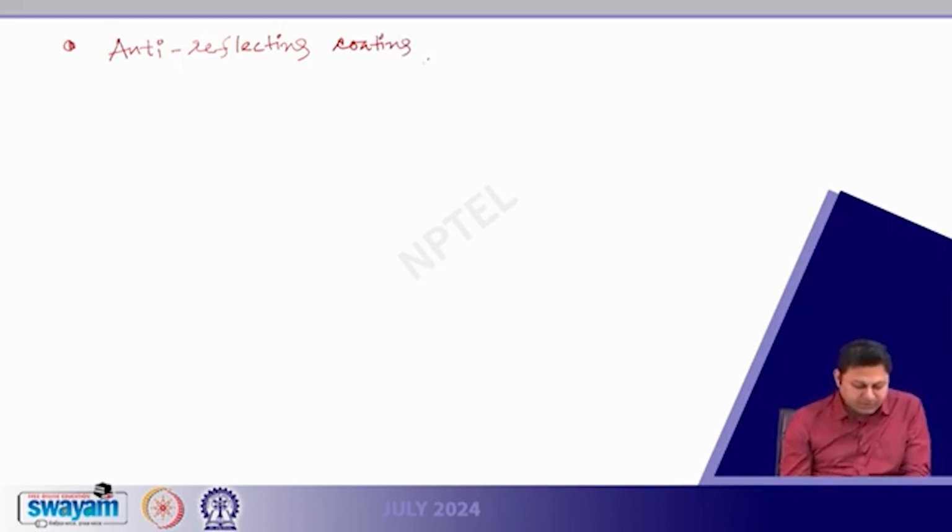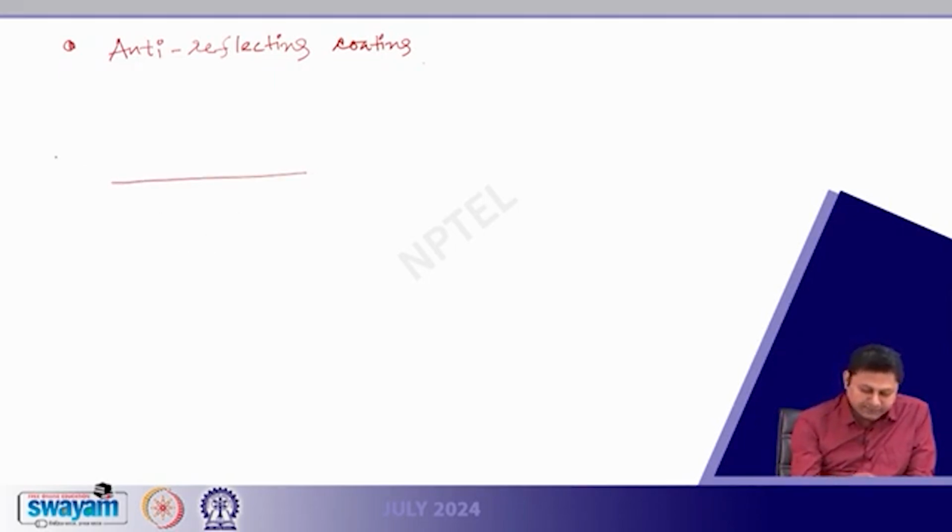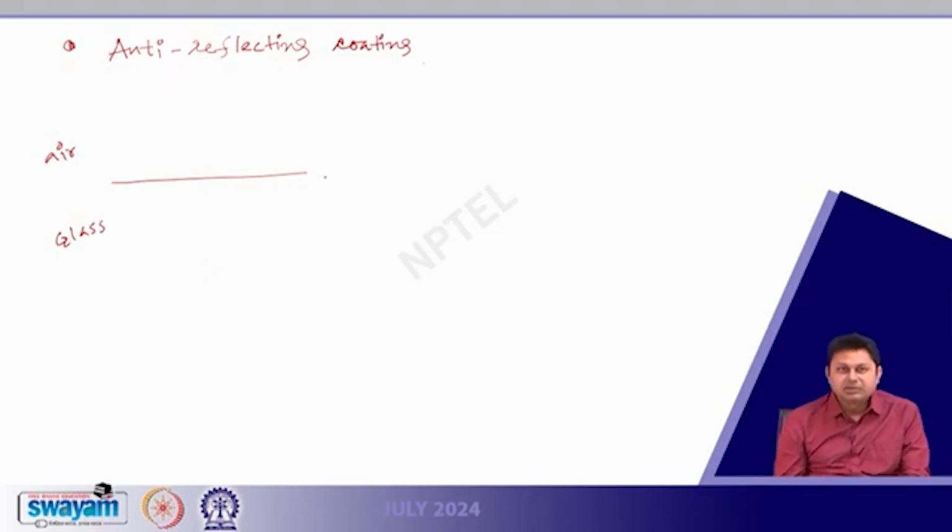So what is the meaning of anti-reflecting coating? Let me describe quickly. This is case 1. When we have a glass placed in air, bare glass, this is air and this is glass, and we have an interface here between air and glass.